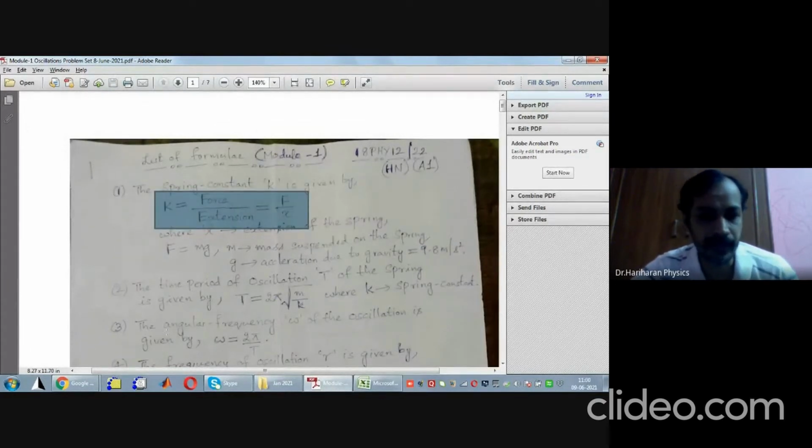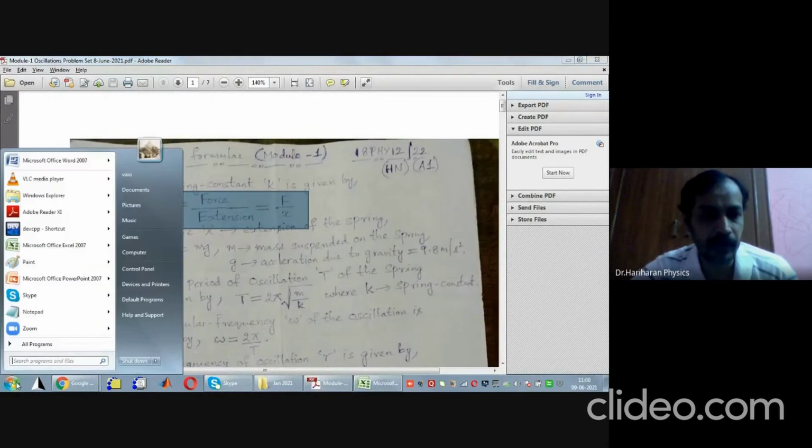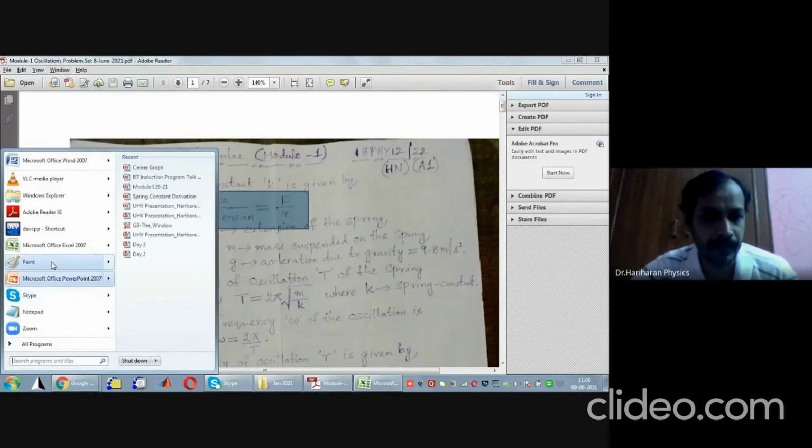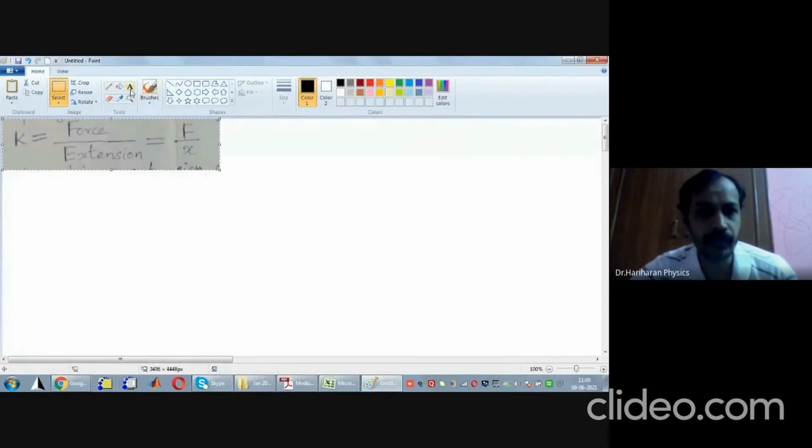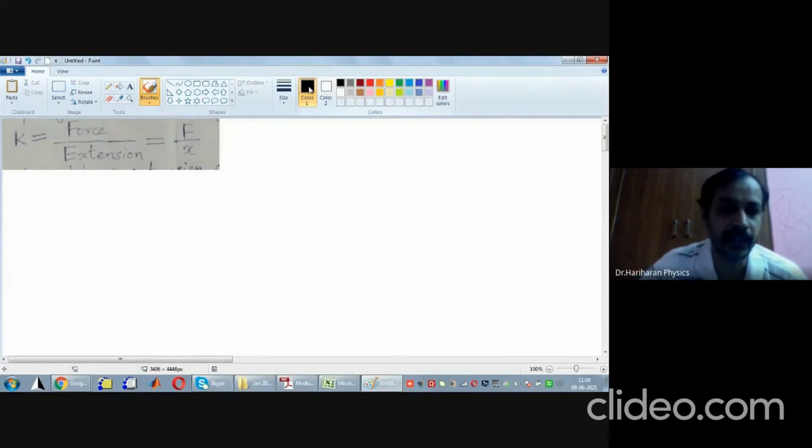As per Hooke's law, force is minus Kx. So if you consider only the magnitude, then the expression for spring constant is K is equal to force by extension.